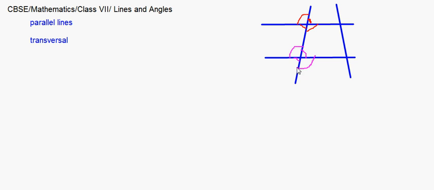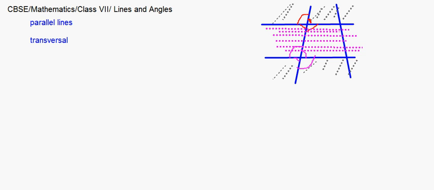So these are the angles formed when a transversal intersects two given parallel lines. Now I'll also show you this part of it. I'll just shade it. This part is called the interior or the internal region, and this is known as the external region of this figure.